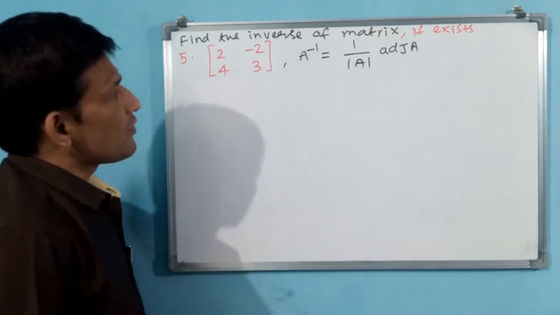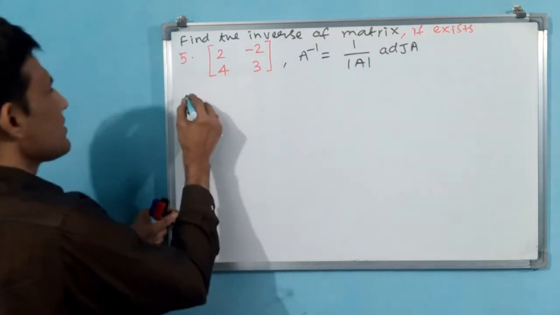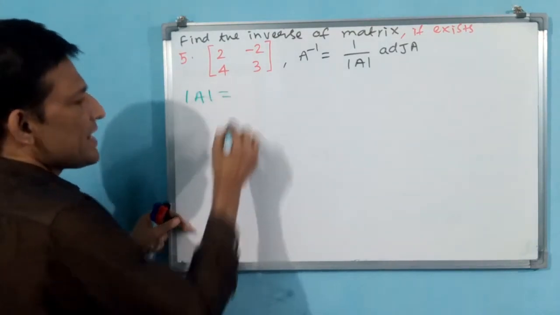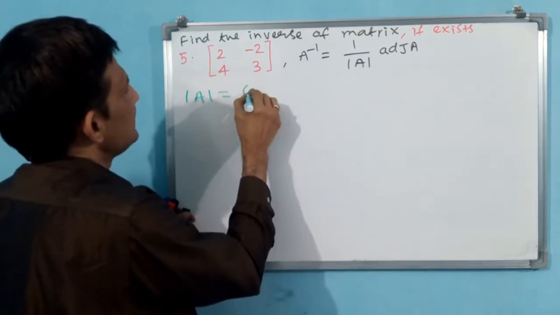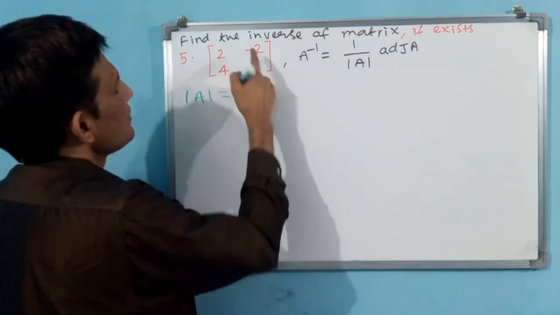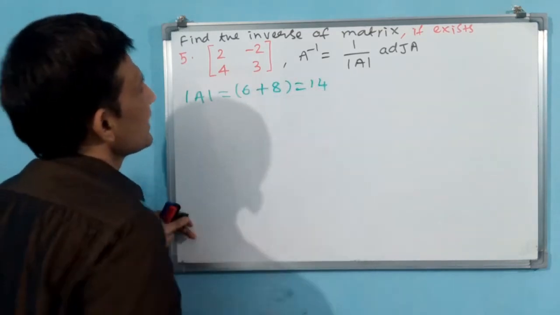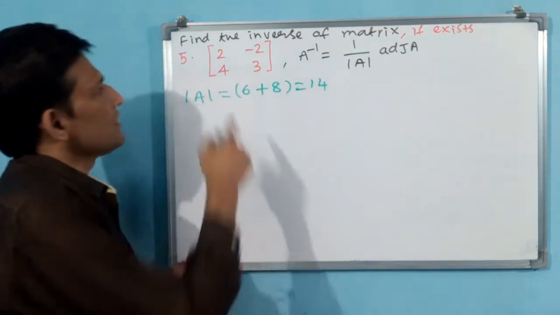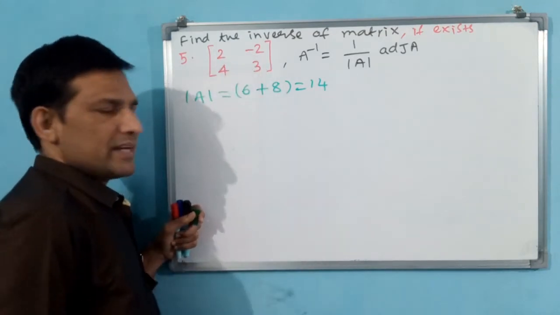Okay. What are we doing now? We are finding determinant A first. Let us find determinant A. See, finding determinant A is easy for 2 by 2. AD minus BC. 6 minus of minus 8. That is equal to 14. Is it correct? Okay. 6 minus of minus 8, plus 8, 14.